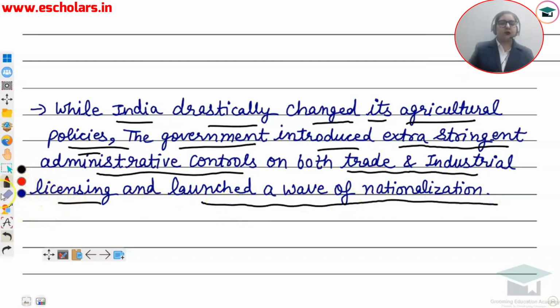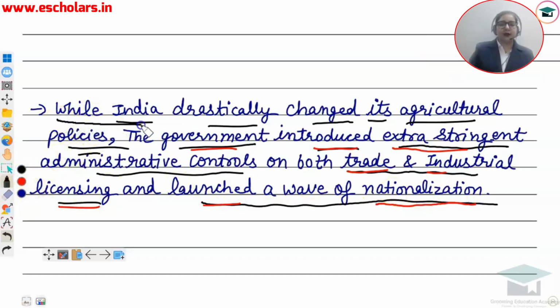Okay. So the government was making changes in the industrial sector also and service sector also, along with the agricultural sector. So the government introduced extra strict administrative controls both on trade and industrial licensing, and launched a wave of nationalization.